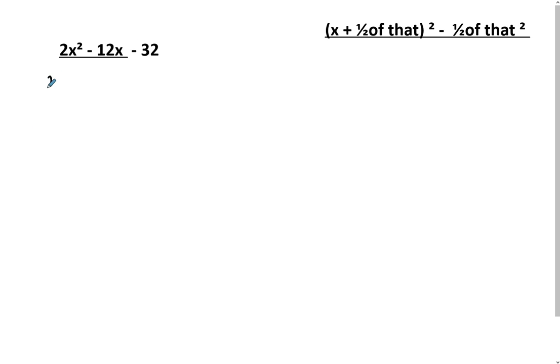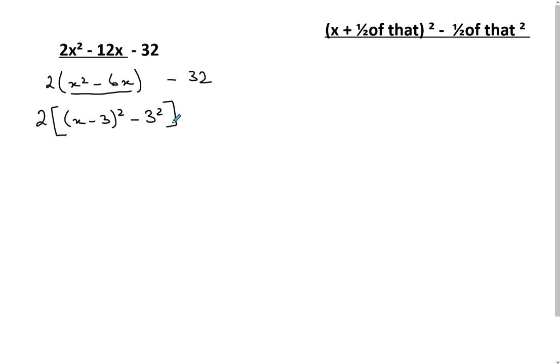and we'll factorize. So we've got 2x squared minus 6x and minus 32. You can tell the x squared minus 6x is ready to complete the square. So we bring in our square brackets and we go x minus half of that all squared minus half of that squared minus 32.